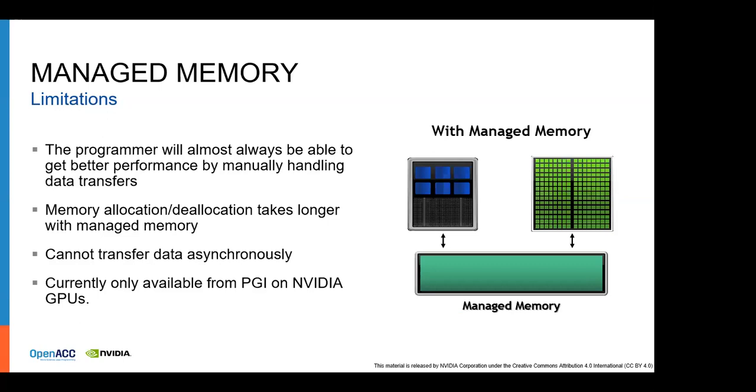There are, of course, some limitations, because as clever as the system is, it couldn't be as clever as the human. In particular, there is no possibility of asynchronous data transfer.